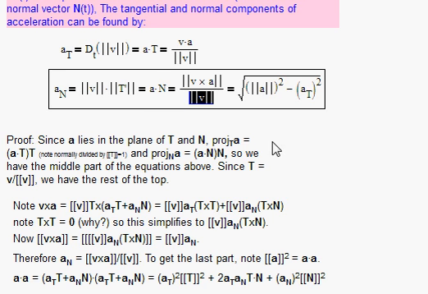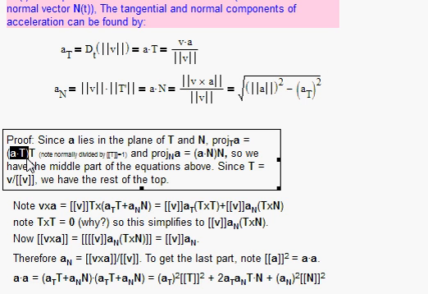Well, since a lies in the plane of T and N, the projection of a is equal to the dot product of a and T as a scalar times the unit tangent vector, okay? And normally you would divide that by the length of T, but the length of T is 1, so we don't really have to include that.